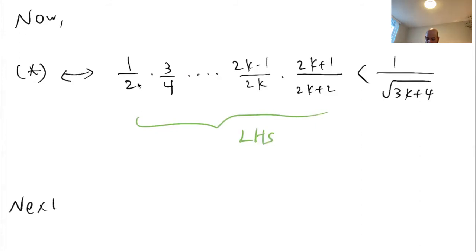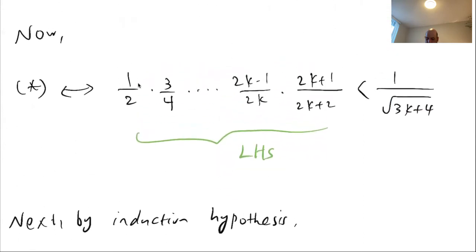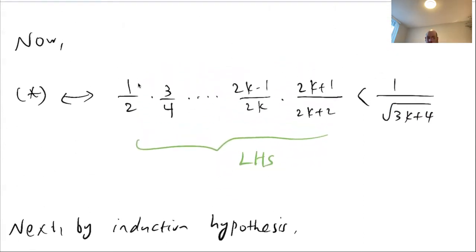Next, by induction hypothesis, what can we say? We can say that the left-hand side is less than, see the first k terms, 1 over 2 times 3 over 4 all the way to (2k minus 1) over 2k.